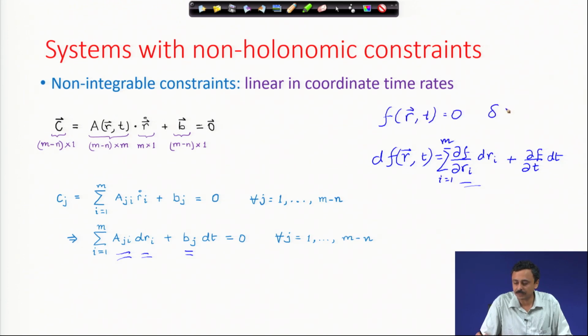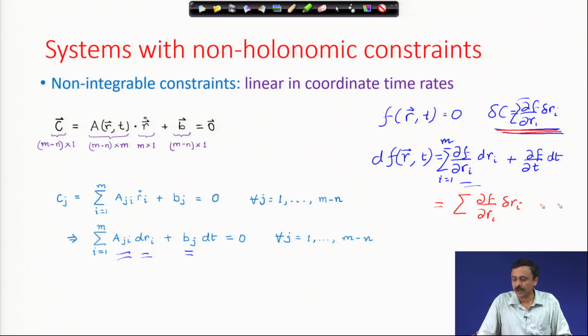My variation of the constraint, delta c, would look like partial f partial r i delta r i, summation etcetera, and there was no delta t, because this variational operator delta does not differentiate time.